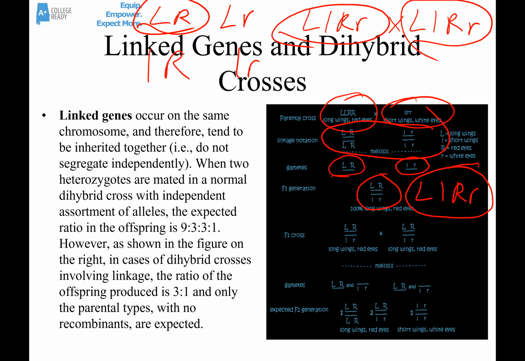Also, the little l and the little r alleles were linked to the same chromosome. So this is a possible gamete. These two don't get made because of linkage. So instead of a 4x4 Punnett square, we're going to end up with a 2x2 Punnett square. And we end up with an expected ratio of 3 long wings, red eyes, and 1 short wings, white eyes.